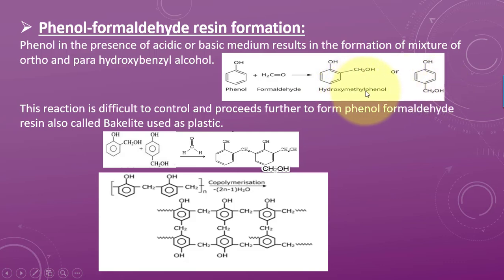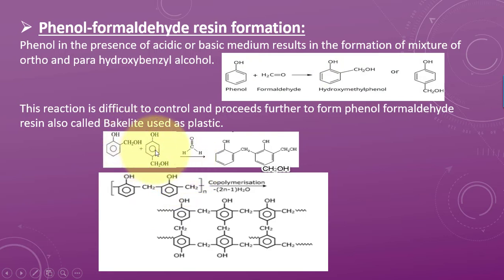Ortho hydroxymethyl phenol and para hydroxymethyl phenol are produced. This reaction does not stop at this stage and it is difficult to control, so this reaction proceeds on in the presence of acidic medium.